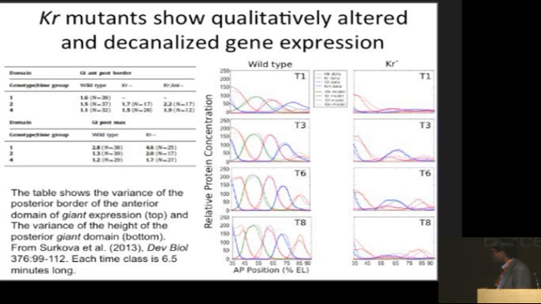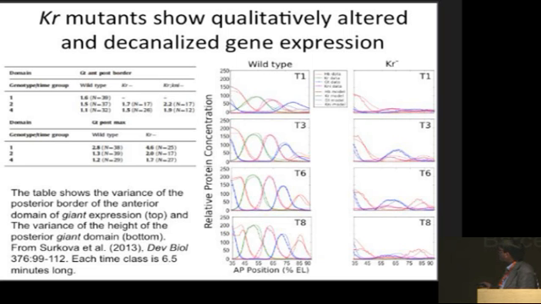This is from a paper that was published earlier this year, back to back with a paper on Tailless from Yogi's lab. This is the wild type gap pattern over various times following the 13th nuclear division. This is anterior to the left, posterior to the right.